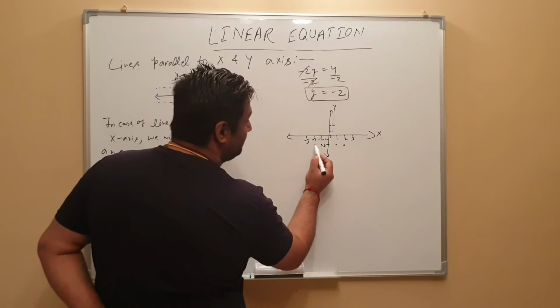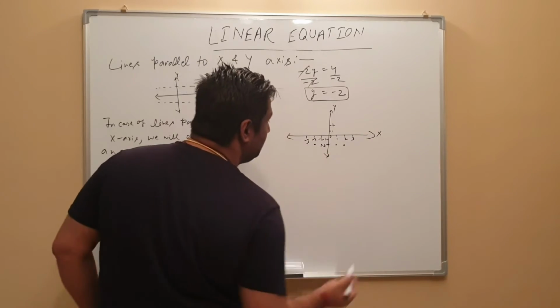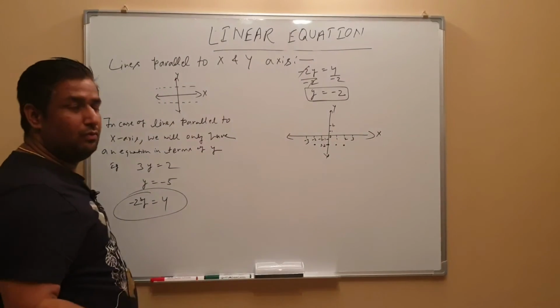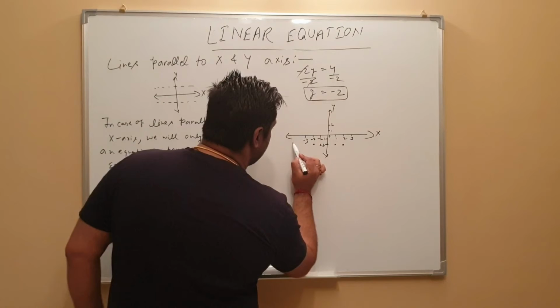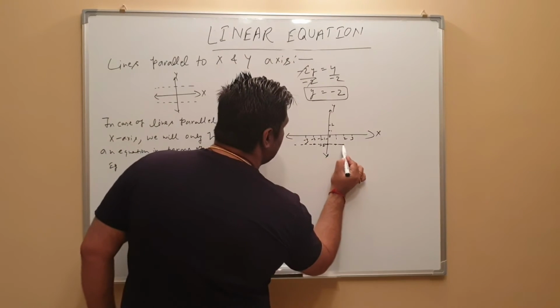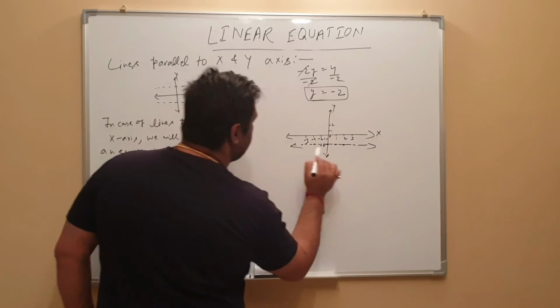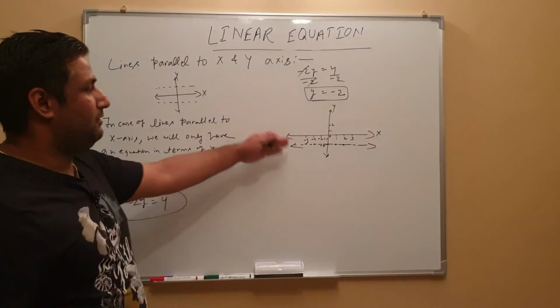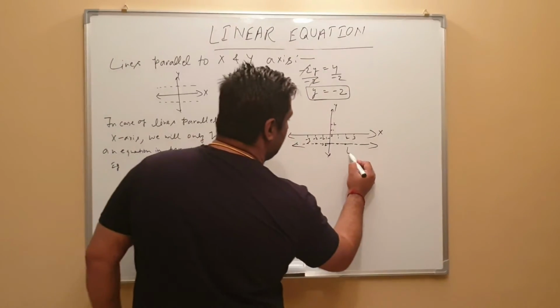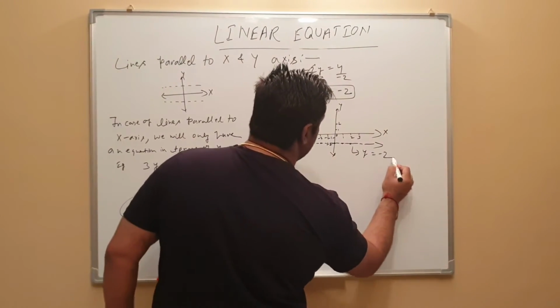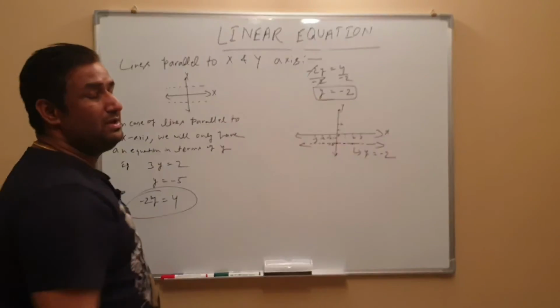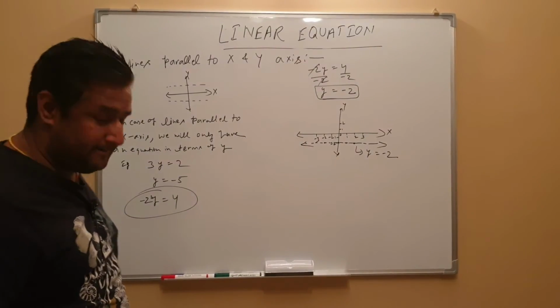Even if the value of x is -2, we'll have y as -2 only. So whatever the value, we'll just join it together. Now this will be the graph of the line y equals -2, which is parallel to the x-axis, correct?